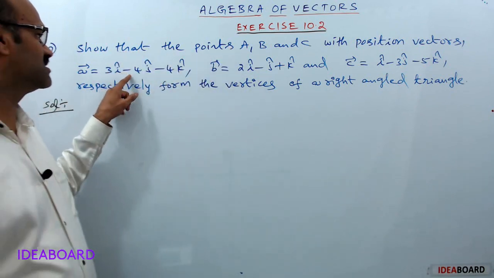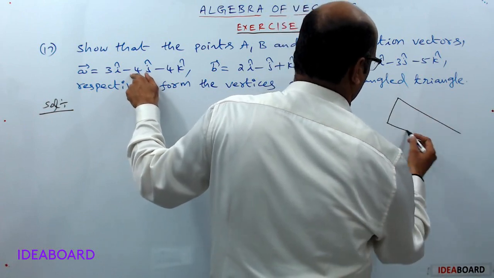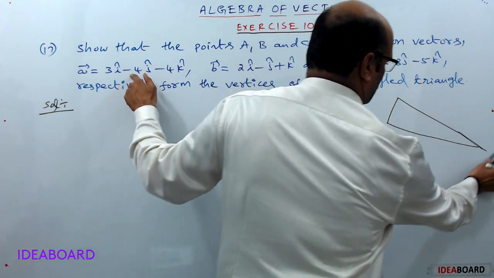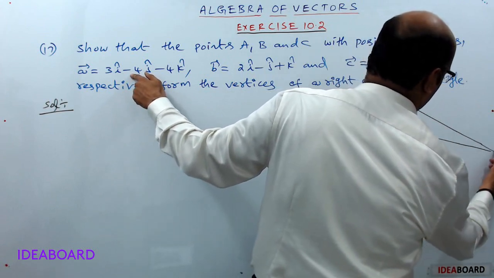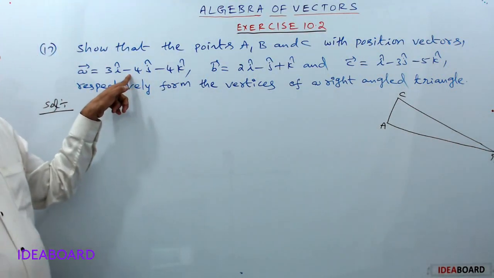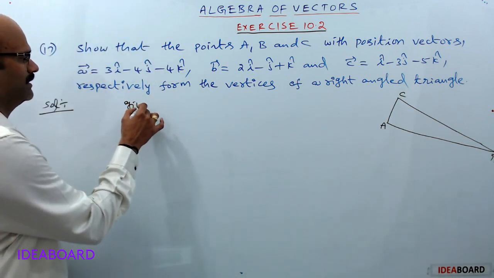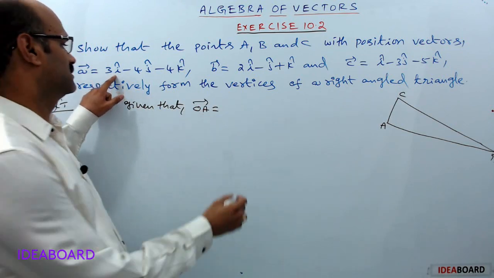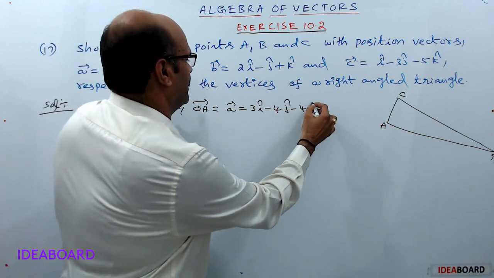The points A, B, C with position vectors: see, this is the triangle ABC. OA vector is given by A vector equal to 3i cap minus 4j cap minus 4k cap.